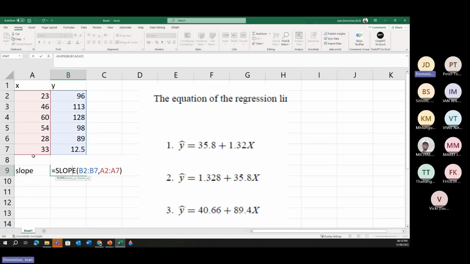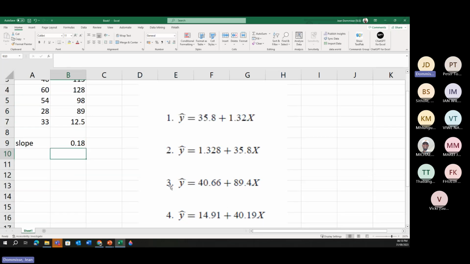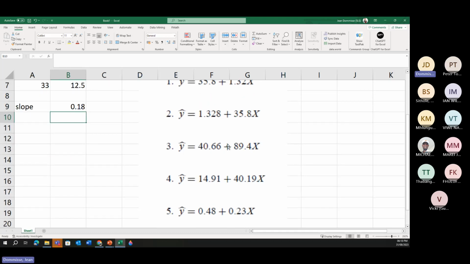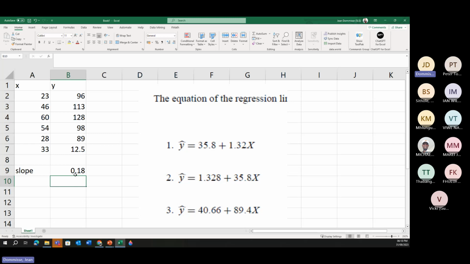But just check, if we set the x's first, and then the y's second, we would have gotten a different number. Luckily none of the others are the answer, but we would have gotten a different answer.